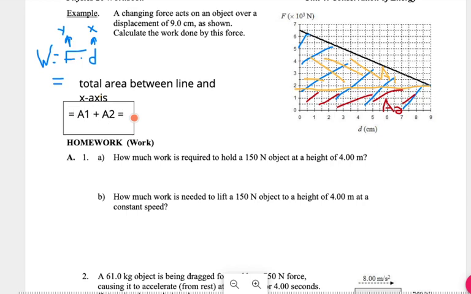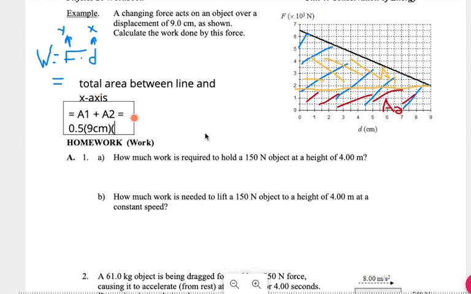We've got half of our base, which was 9 centimeters, times our height, which is from 2 up to 6.5.